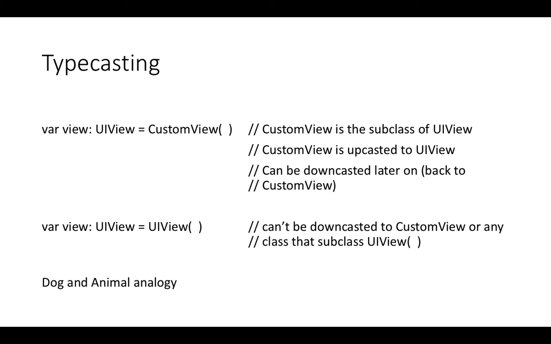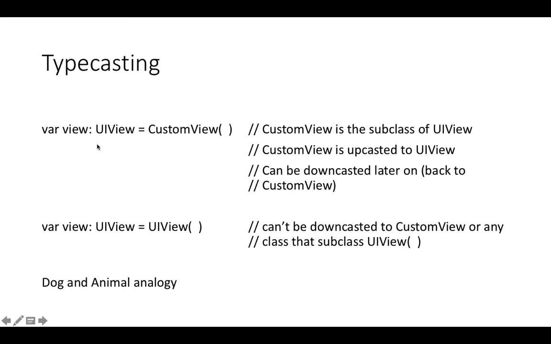Now, let's see some example that is more closely related to Swift. So I have a view here, and this view is of type UIView. And then I'm assigning a CustomView object into this view. This CustomView we know is a subclass of UIView.